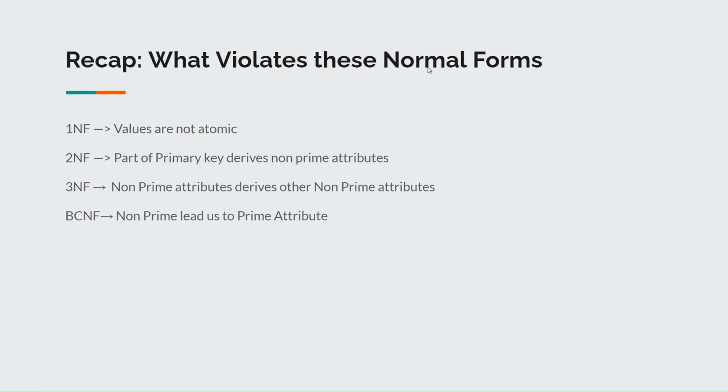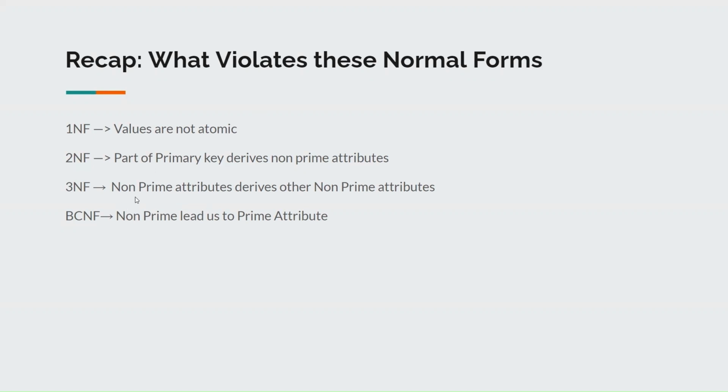Let's do a recap of what we have learned in the normal forms, or rather what violates the normal forms. If the values are not atomic, we say the table is not in first normal form. In the second normal form, if a part of the primary key derives a non-prime attribute, that is, if there's a partial dependency, we say that the table is not in second normal form.